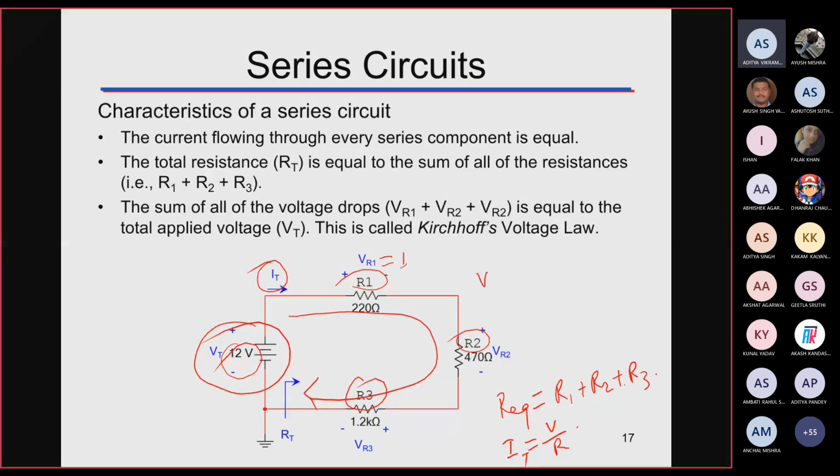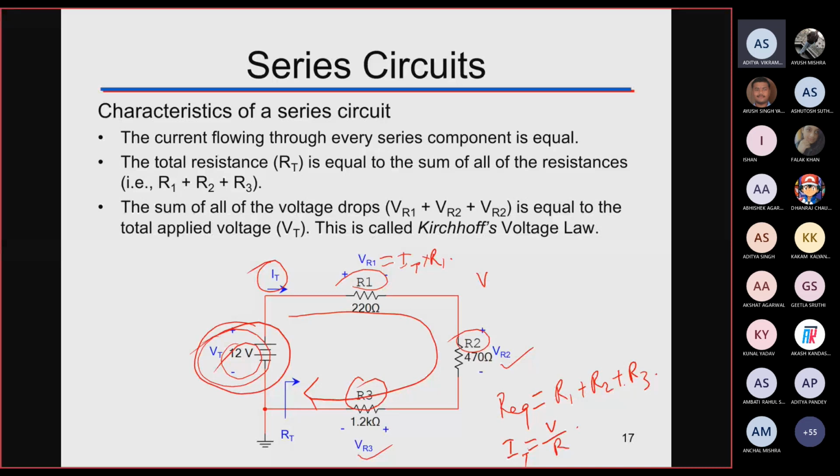Similarly, VR2 we can calculate and VR3 can be calculated. So the sum of all the voltage drops, that is VR1, VR2, and VR3, will be equal to the total applied voltage, that is VT, 12 volt in this case. This relationship is known as Kirchhoff's voltage law, right?